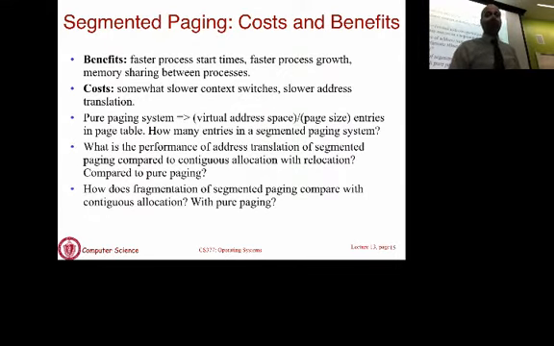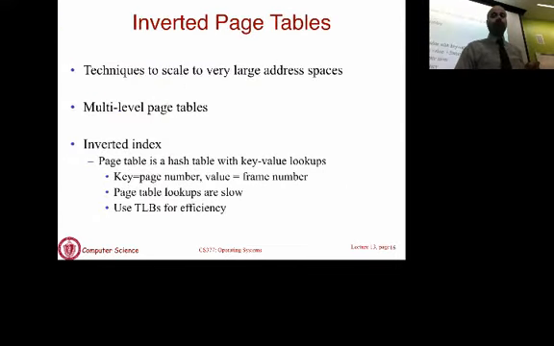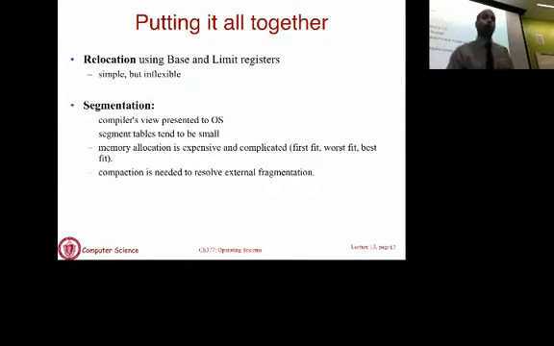Okay, so I think we talked about all of these, segmented paging and so on. Inverted page tables we won't do right now, we'll come back to it. So just to recap, before we go on to the next scheme, we have gone through actually 4 different approaches so far. We started with relocation, which is a contiguous allocation scheme.